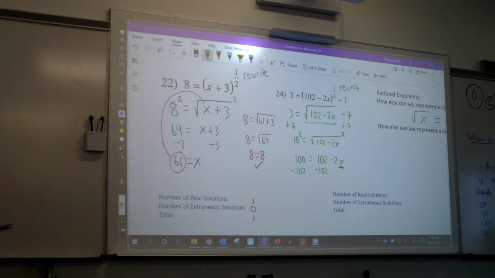So we're getting rid of all of its unwelcome guests. 100 minus 102 is negative 2. And since the x is being multiplied by negative 2, what would be the opposite? Divided by negative 2. What's negative 2 divided by negative 2? Just 1.